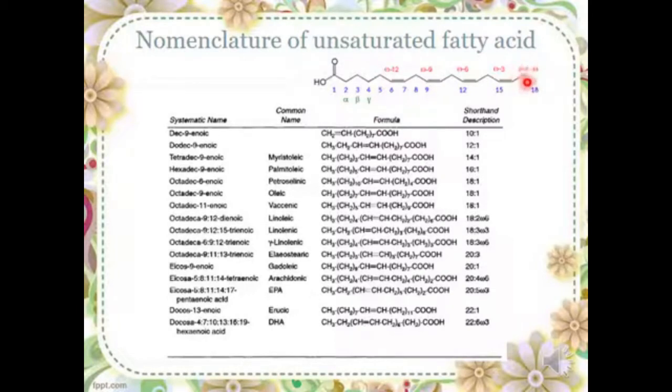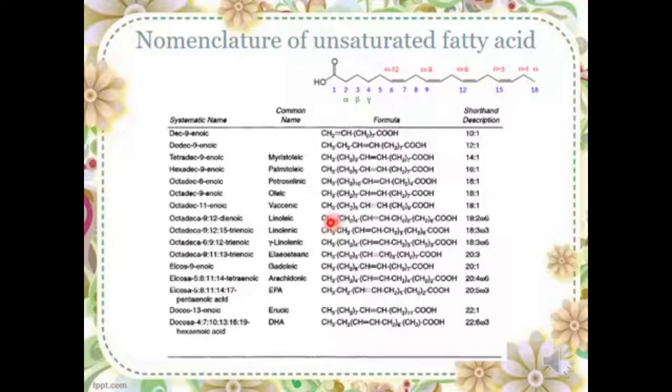Then the subsequent carbons are omega 1, omega 2, omega 3, 4, 5, 6, 7, and so on. If you look at linoleic, linolenic, and also arachidonic, they are classified as omega 6 due to the formula of the acid being the same.